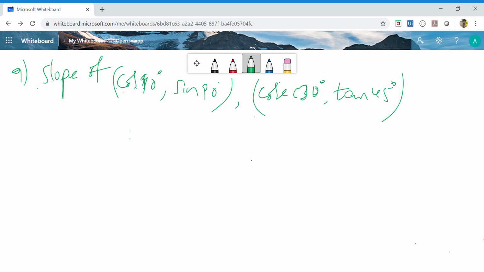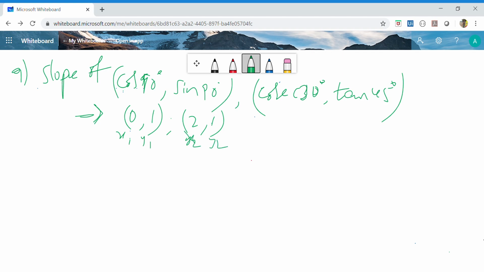This is also a connective question. What you have to find out is the slope. So first convert these trigonometric ratios into values. Cos 90 becomes 0, sin 90 is 1, so this is the point (0, 1), and cosecant 30 is 2 and tan 45 is 1, so these are the points. This is x1, y1, x2 and y2.